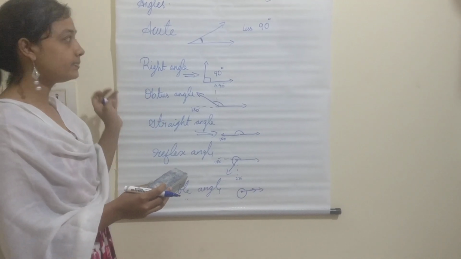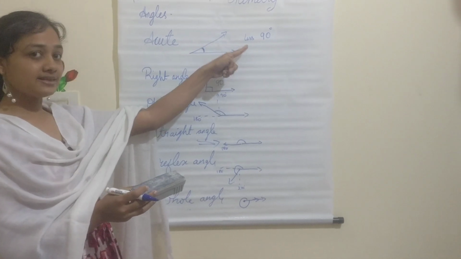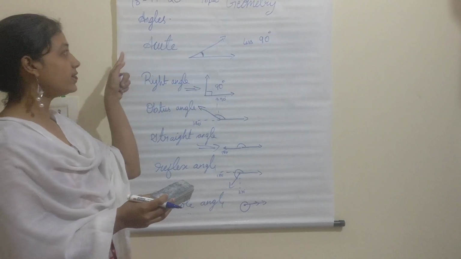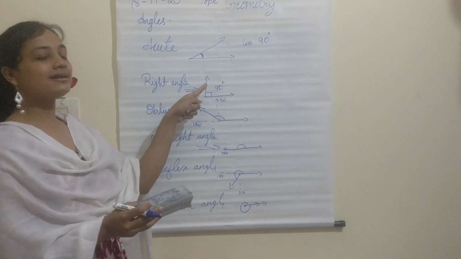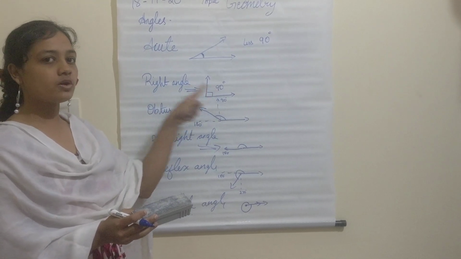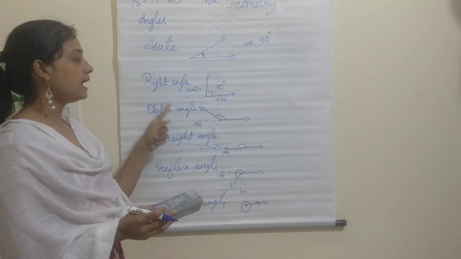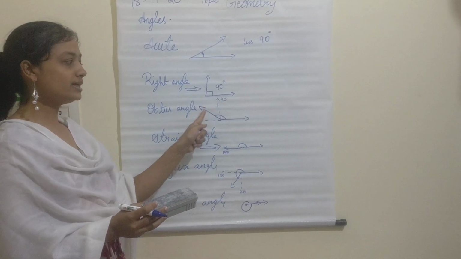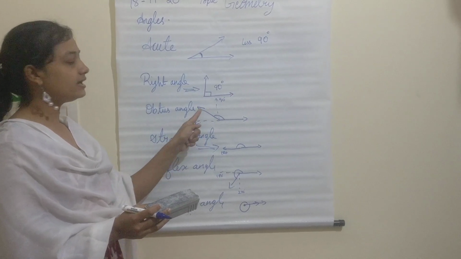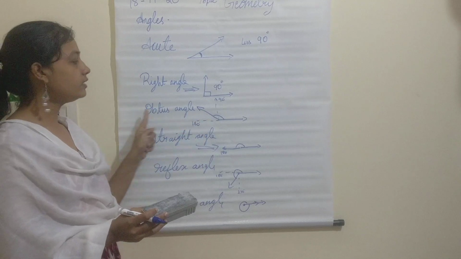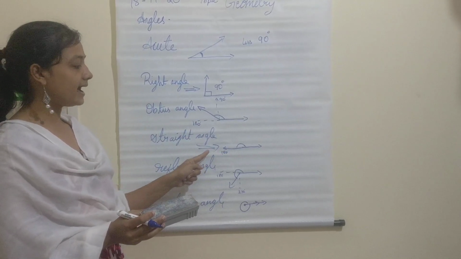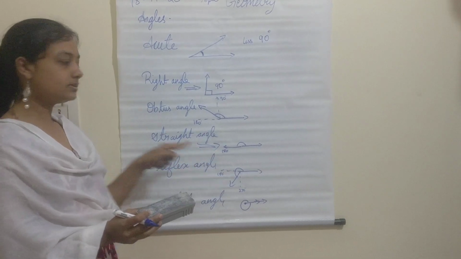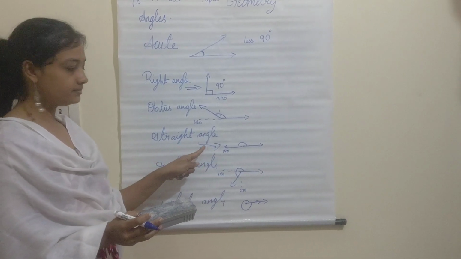Let's recap. Angle lesser than 90 is called acute. Angle exactly 90 is called right angle. Angle more than 90, less than 180 is called obtuse angle. Angle exact to 180 is called straight angle.